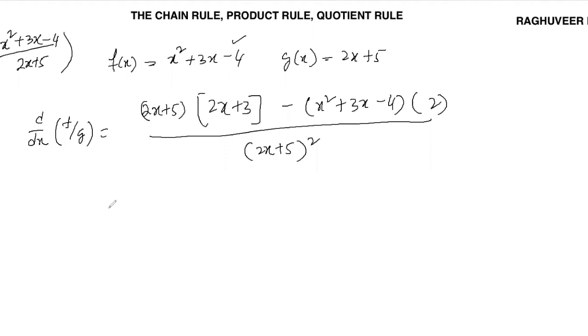After simplifying this, we get the final answer as 2x square plus 10x plus 23 divided by 4x square plus 20x plus 25. That is the final answer.